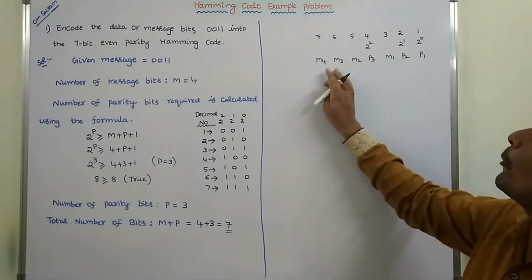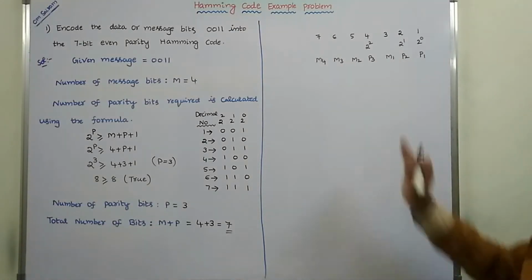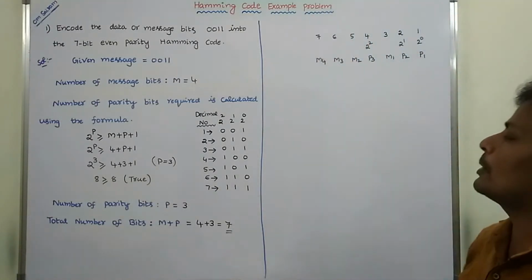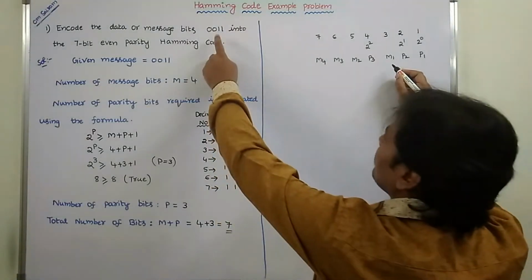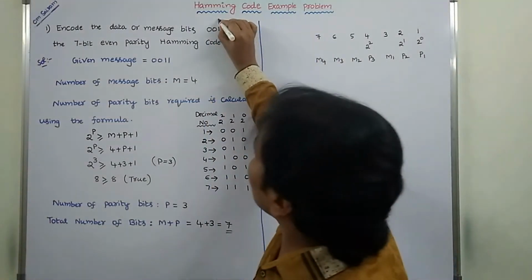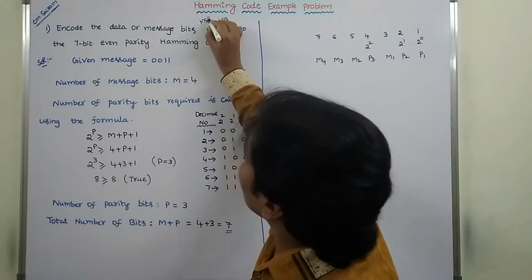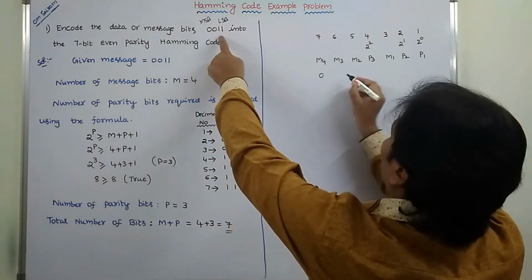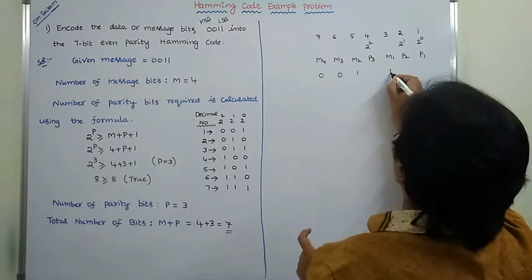The remaining 4 bits can be located as message bits. So the total number of message bits plus parity bits is equal to 7. Now the message bit value is 0011, so this is LSB and this is MSB. So here MSB bit value 0, next one 0, next one 1, next one 1.